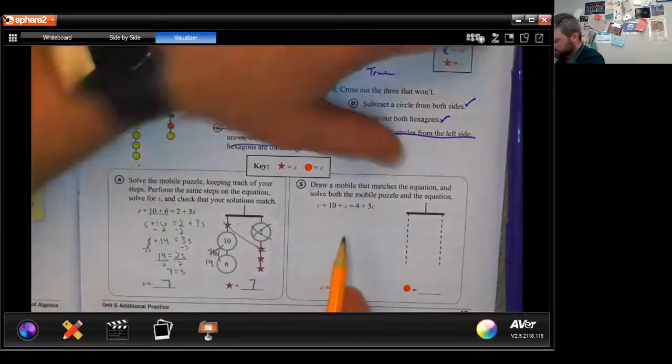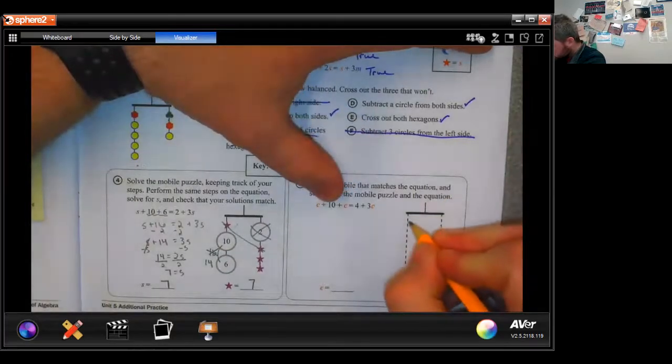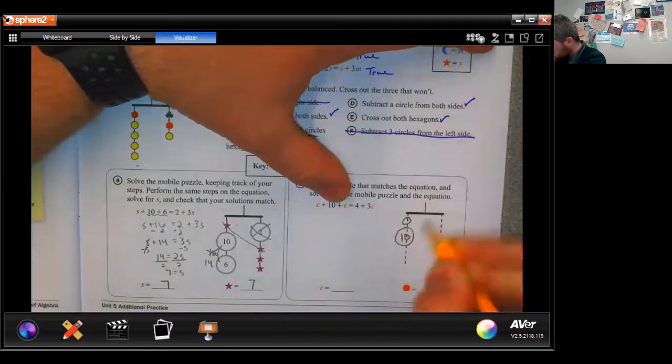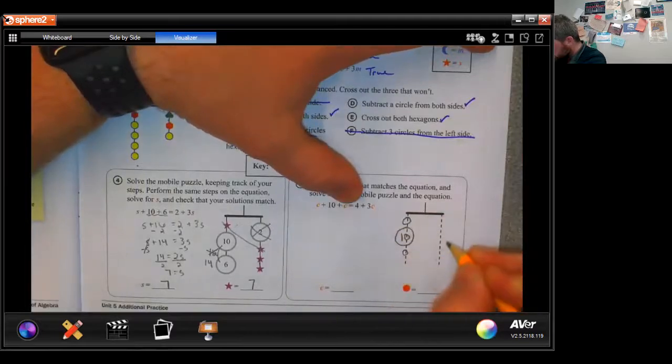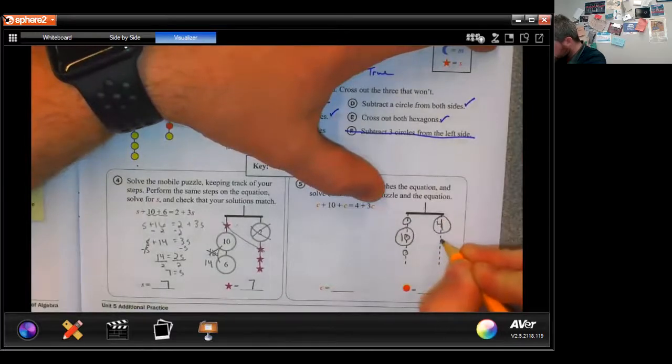Here we're doing the same thing, but I have to show my mobile here. So I have a circle, and then the number 10, and another circle equals the number 4 plus 3 circles.